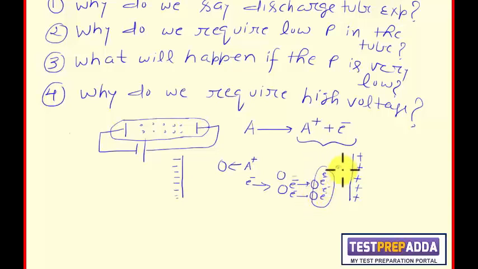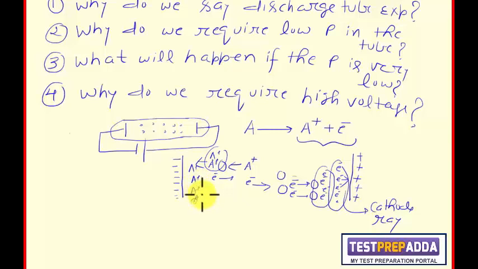There will be one stage when many electrons will move together in the form of a ray, which we call cathode ray. Similarly, when a positive particle collides with an atom, it may give A plus and an electron. The electron will move this side, and two A plus particles will move this side. After some time, many positive ions will move together in the form of a ray, which we call anode ray.